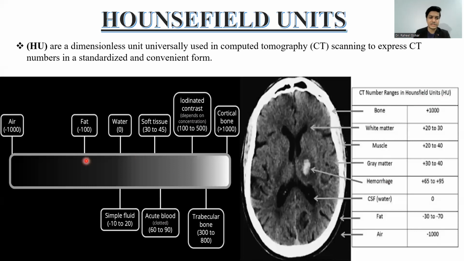All the structures in between have different Hounsfield units, and they can appear black, gray, or white, or whatever the pathologies. For example, here you can see there is a hyperdense area inside the brain parenchyma. This is actually acute blood, which I will discuss later.